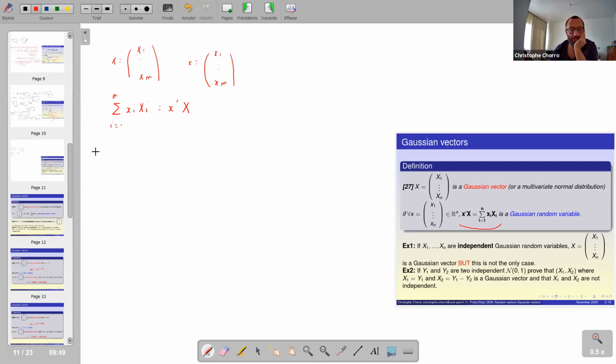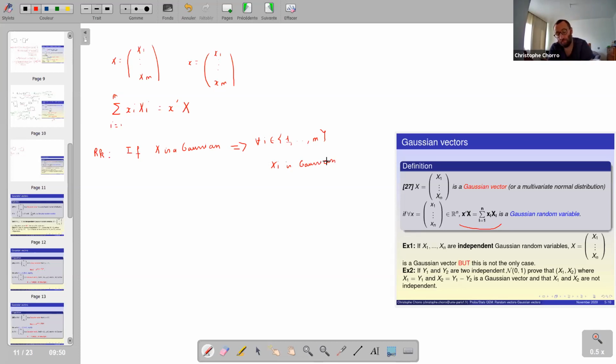Just a remark before we see some examples. If X is a Gaussian vector, then for all i belonging to 1 to n, Xi is Gaussian.